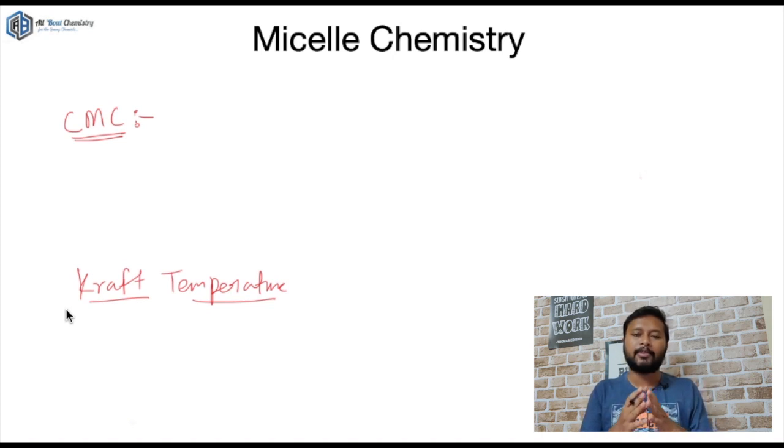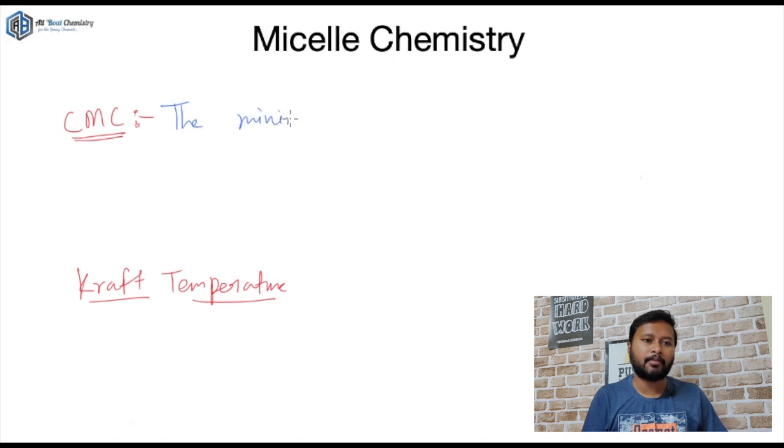So you need a particular concentration at which these ions will be able to form a micelle. Critical micellar concentration is nothing but the minimum concentration required to form a micelle.